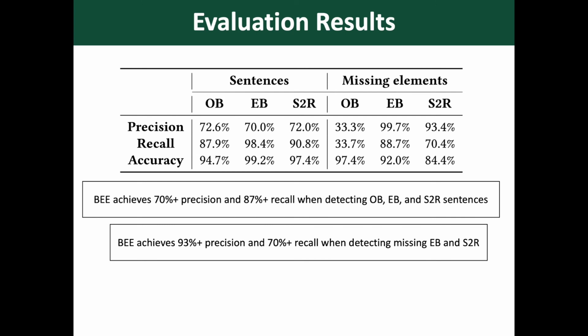As you can see, the result shows low performance when detecting missing OB. However, only 2% of the bug reports lack this information, so we expect that there's a minimal effect in practice. Based on the results, we can conclude that B can have a positive effect in collecting higher quality bug reports and automating tasks like bug report management.